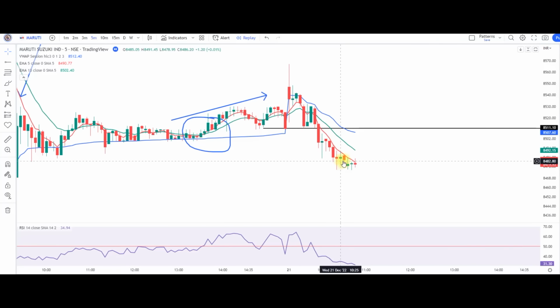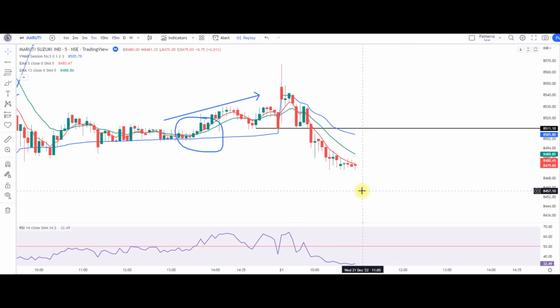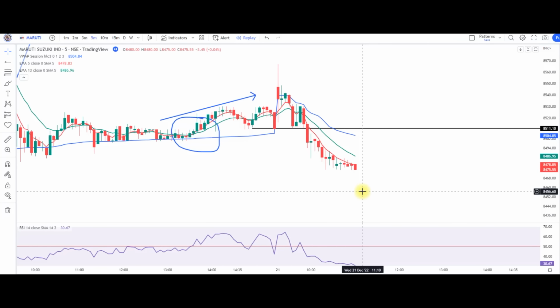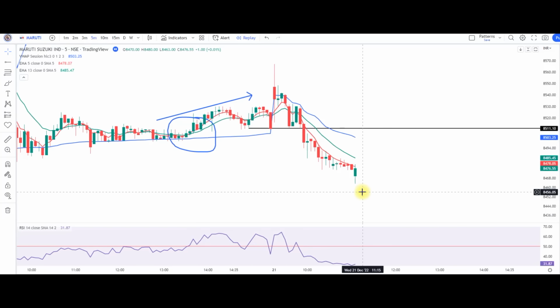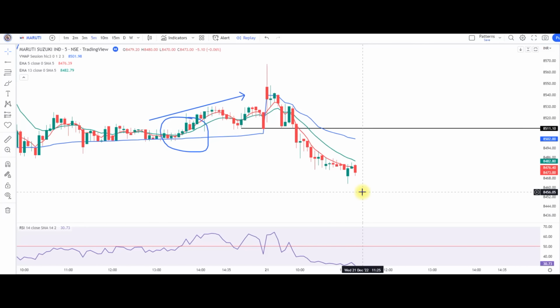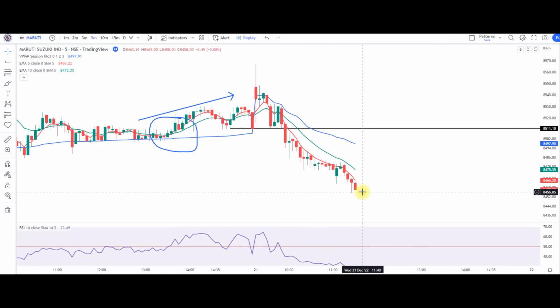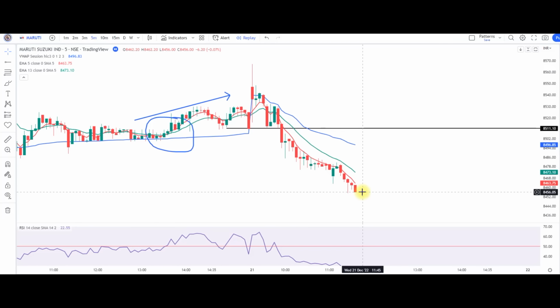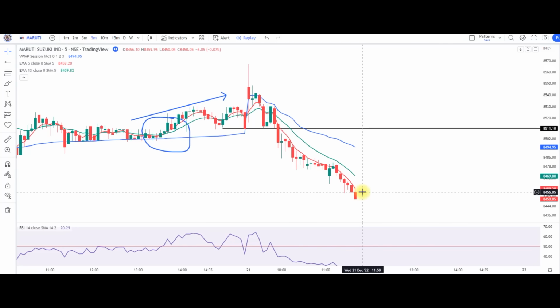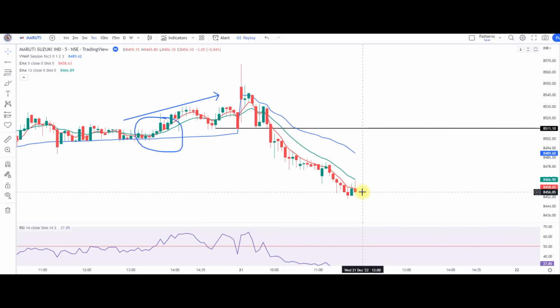And price is below 5 EMA. Still we are trailing our profits.